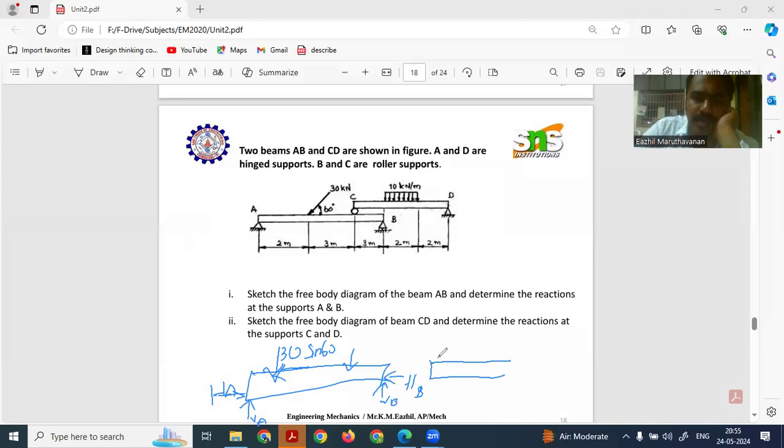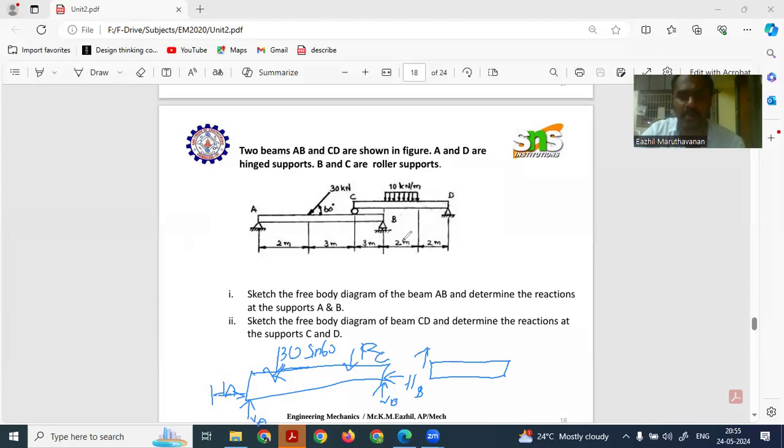Likewise, we have to draw the free body diagram for CD. Since we assumed the downward direction for RC over here, we have to assume the upward direction for RC. Then this uniformly distributed load needs to be converted into a point load.